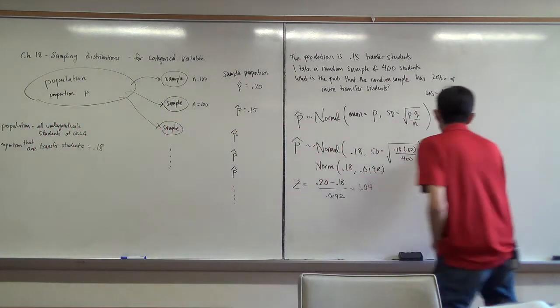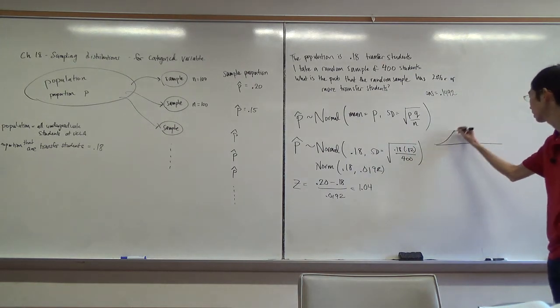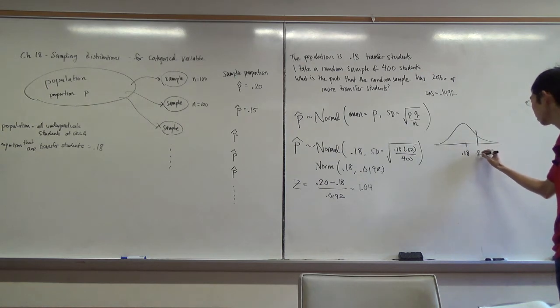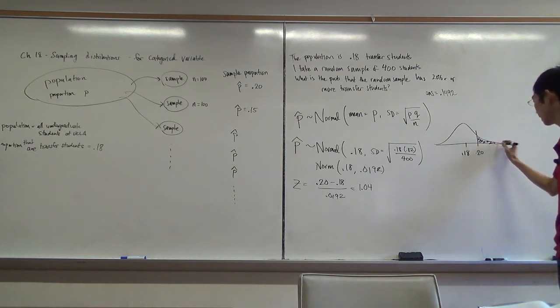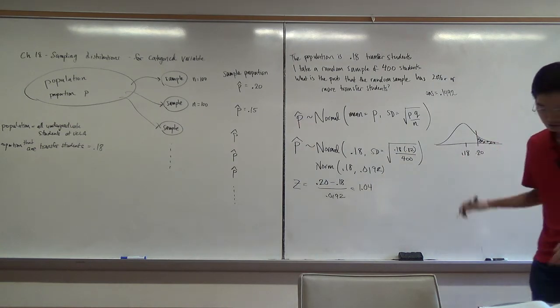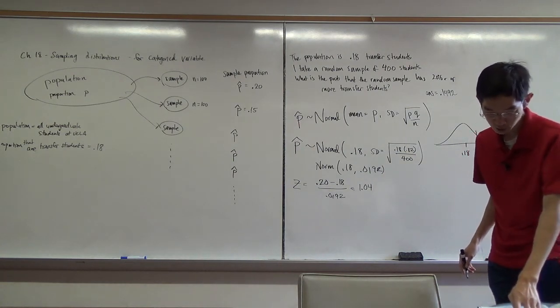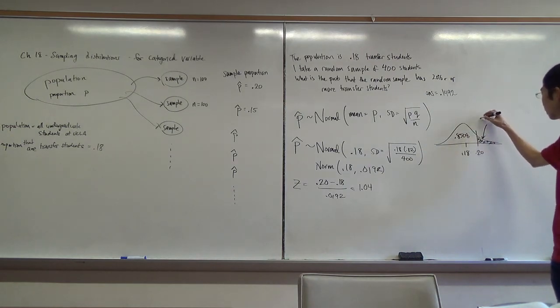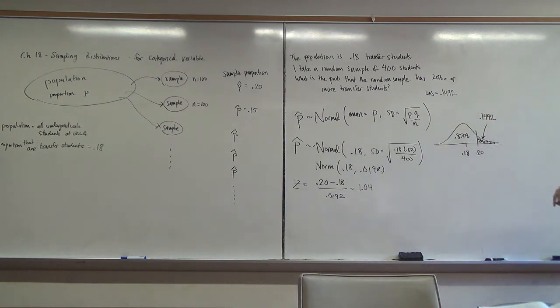Go to the normal model table, and I look up 1.04, and the area to the left of 1.04 is 0.8508. So that leaves the area to the right to be 0.1492, and that is my answer.